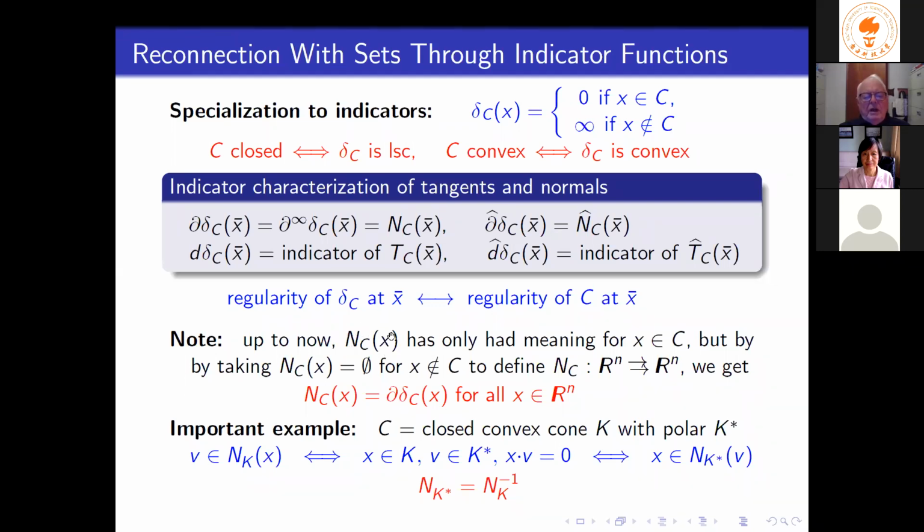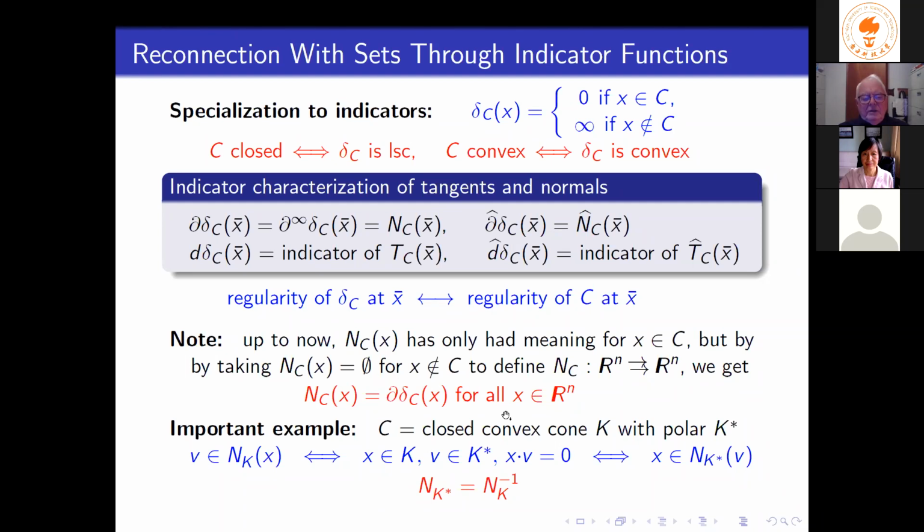So this would be a set-valued mapping that's only defined on the set C. But I want to extend it as a set-valued mapping on the whole space by taking its values to be empty when x isn't in the set C, because then I get this normal cone mapping on the whole space whose effective domain is the set C. And then we can state this formula: the normal cone at x to C equals the subgradient set of the indicator of C at every x.